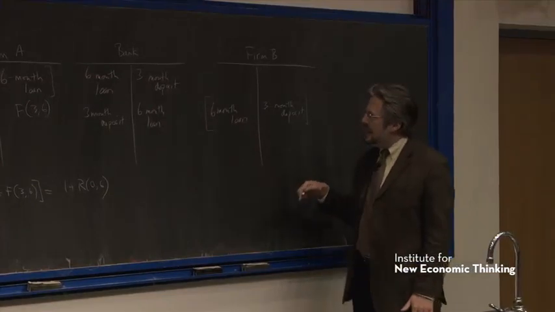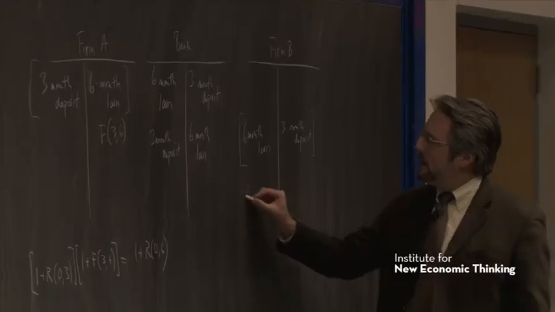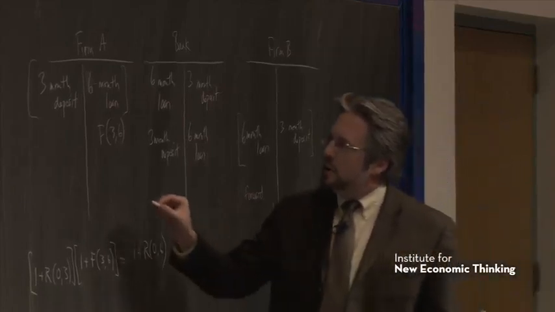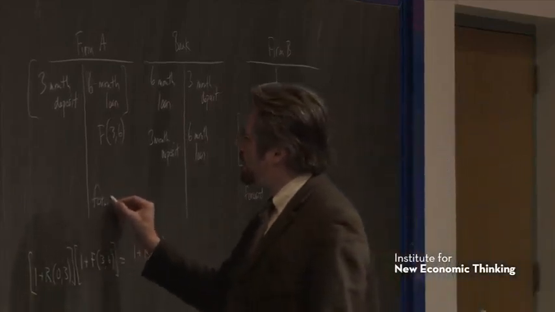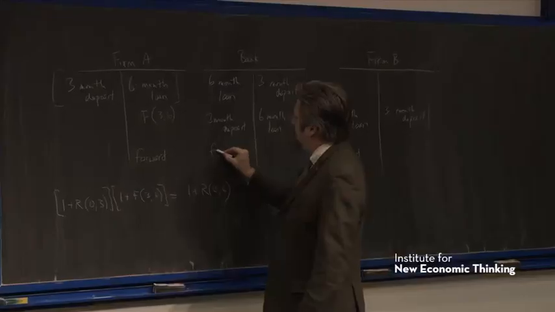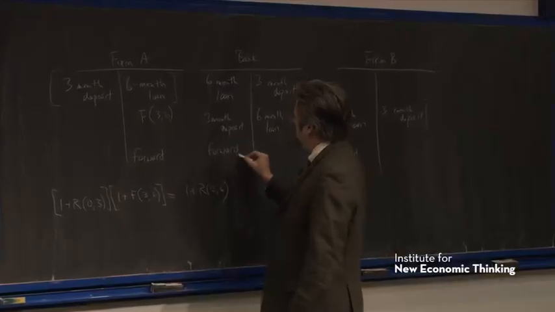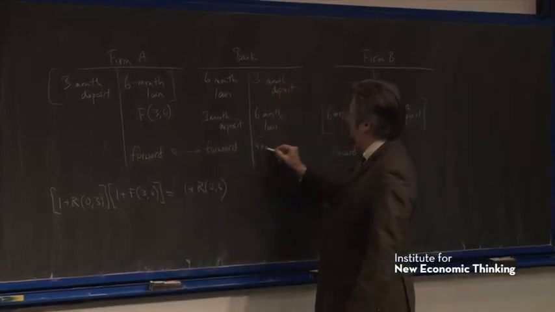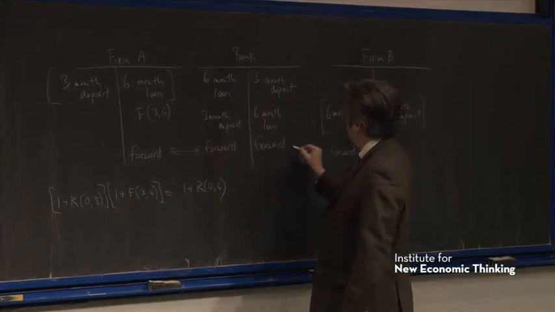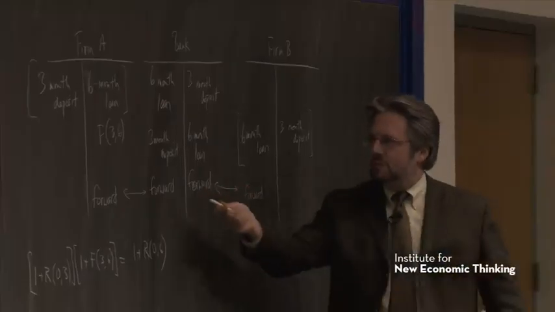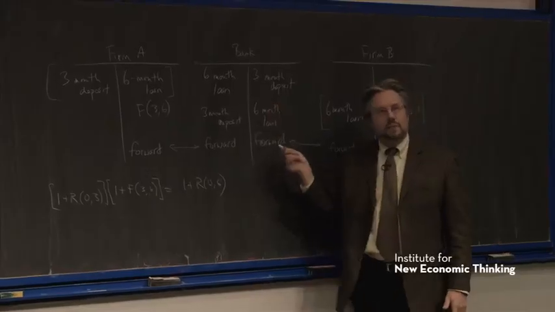They're just listed as a forward deposit here, or a forward loan here. And the point, which I'm showing you here, is that these are offsetting from the point of view of the bank.